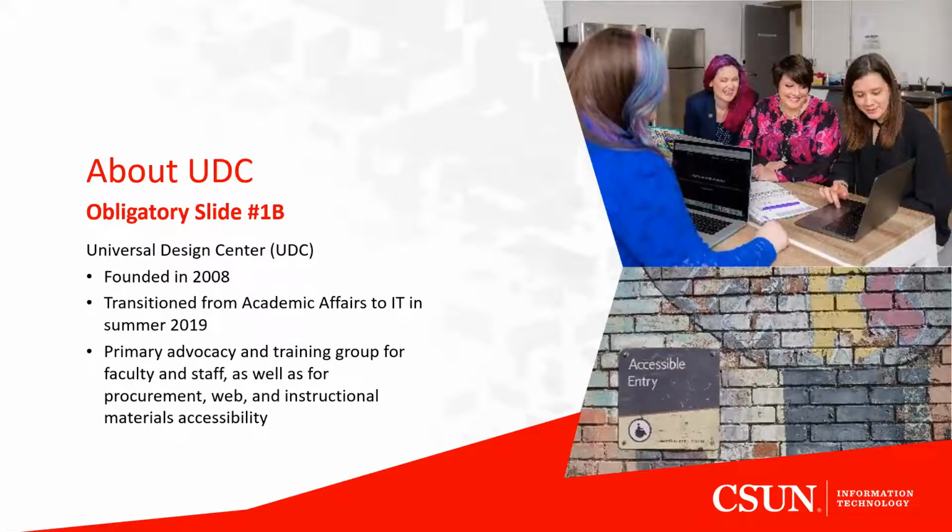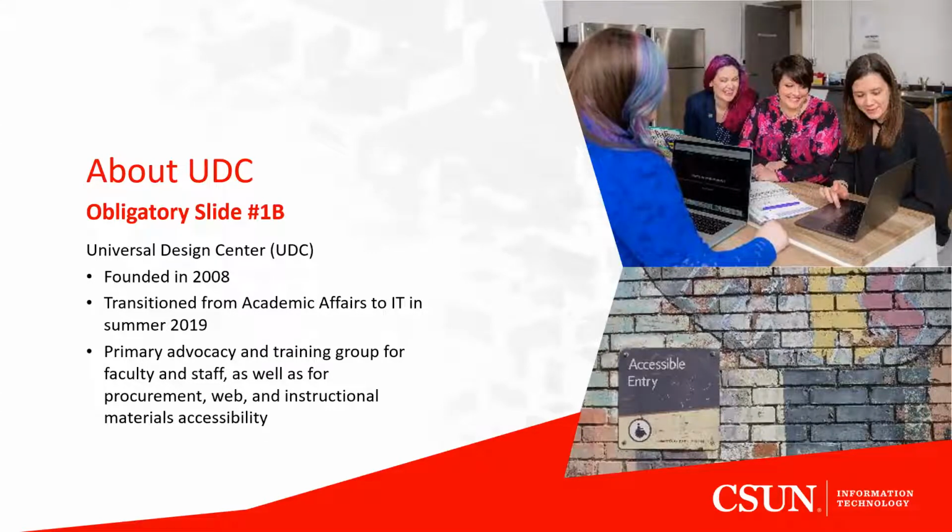So a little about the Universal Design Center. We've been around for a little over 10 years now, and most of that time we were part of academic affairs. Accessibility is something that the entire CSUN community participates in, but the Universal Design Center is the focal point for those efforts.